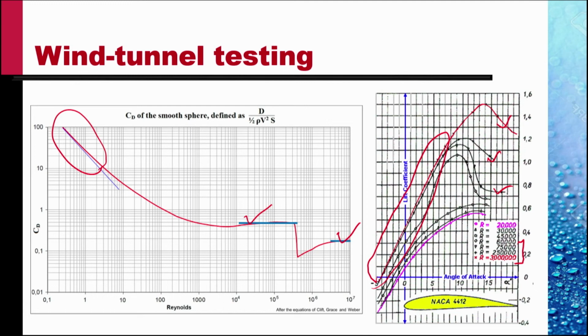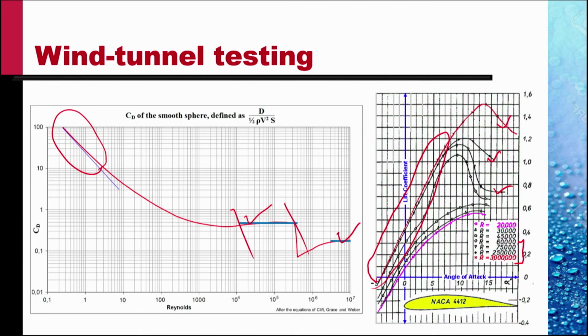We take a model of the aircraft or the aircraft component, put it in the wind tunnel, and run the test at a large enough Reynolds number so that we are within this range of Reynolds number. And then the coefficients, drag coefficient, lift coefficient, moment coefficient that you obtain can be used to predict the forces and moment on the prototype.